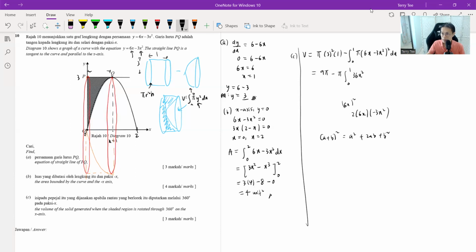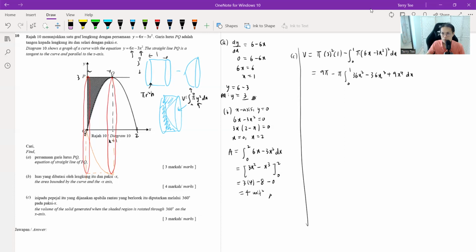I square it, I got 36x squared. My 2ab is 2 times 6x times minus 3x. So 2 times 6 is 12. 12 times minus 3 is negative 36, negative 36x power 3. And then 3 squared is 9, x squared power 2 is x power 4. All right. So I've got this already.